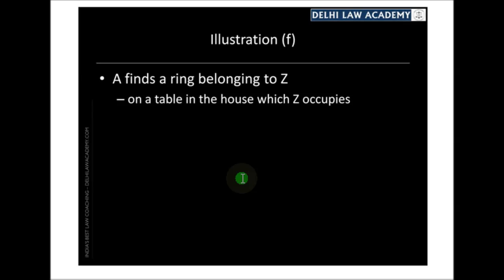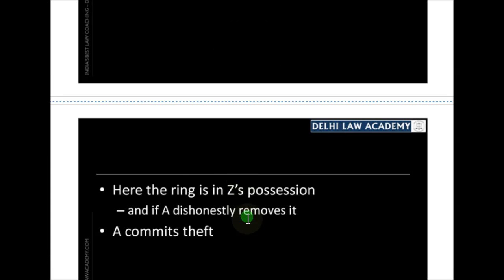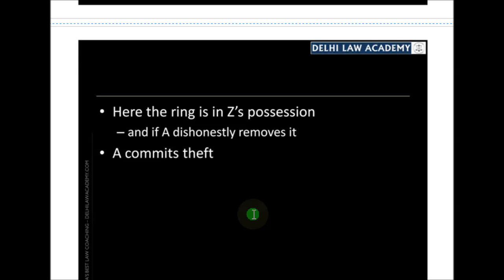Therefore, even though the ring is not in actual physical possession of Z, the mere fact that it is lying on a table in his house amounts to saying that the ring is in Z's possession. So, if A takes that ring from the table, it amounts to A taking the ring out of Z's possession and without Z's consent, and therefore, on these facts, the answer will be this. Here, the ring is in Z's possession, and if A dishonestly removes it, A commits theft.